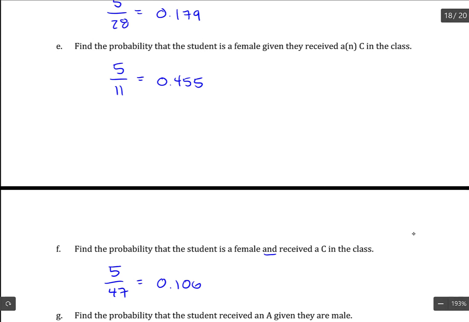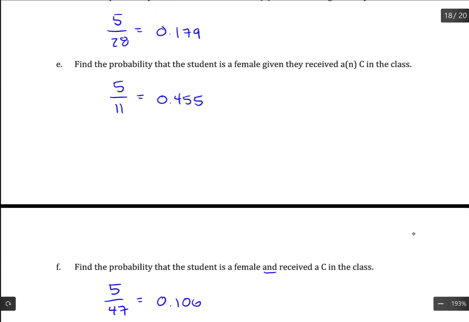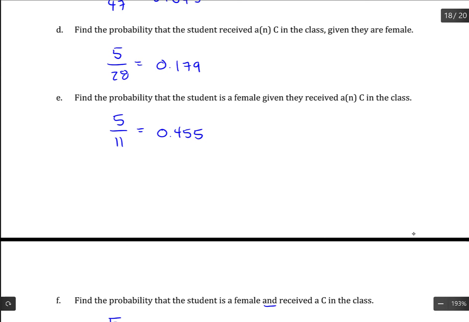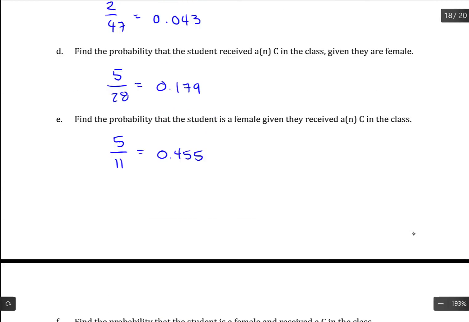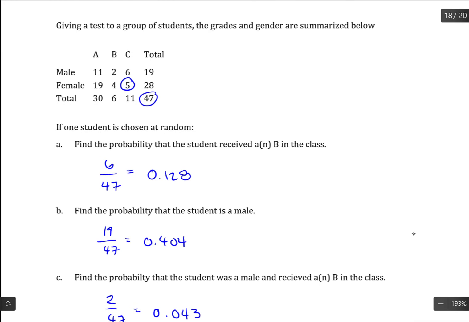And the thing that I want you to take away from these 3 examples is that in all examples, the numerator was 5. But the denominator was the only thing that changed. In the given probabilities, you used these reduced items that I've put in green.